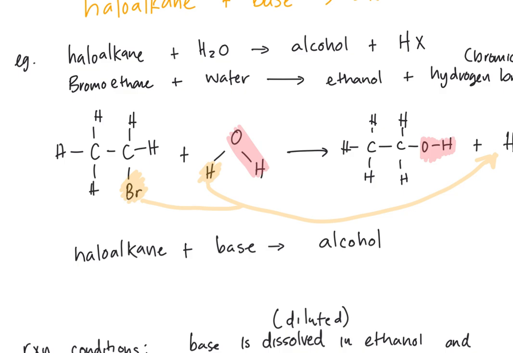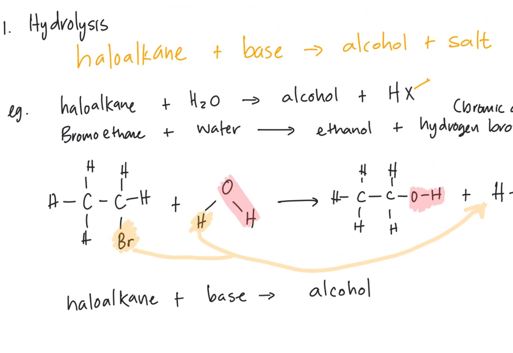So I started off with bromoethane and mixed that with water, and that gives me an alcohol and a salt. So let's just remember that when we talk about the X over here, that is always a halogen. So it's a halide salt that forms there. So that's if I take a haloalkane and water and get an alcohol and a salt out of it.